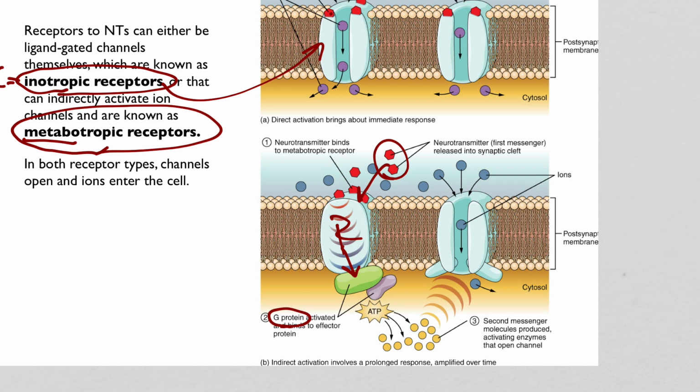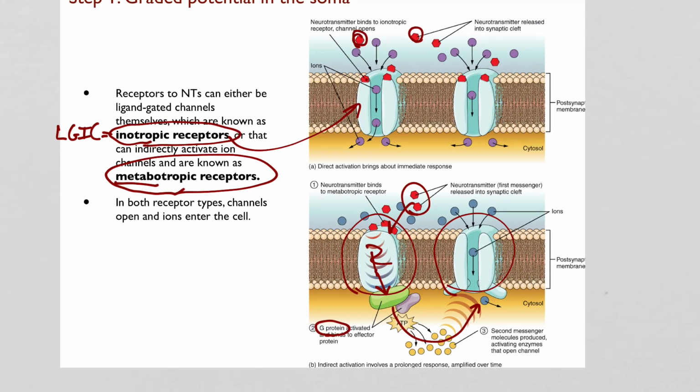And that G protein turns on a signaling cascade that eventually activates an ion channel. And so all that changes is the receptor that the neurotransmitter binds to and the ion channel are two different proteins. They just communicate with each other. But the end result is the same. We open an ion channel. If it's sodium or calcium, it's excitatory. If it's potassium or chloride, it's inhibitory, just direct or indirect.